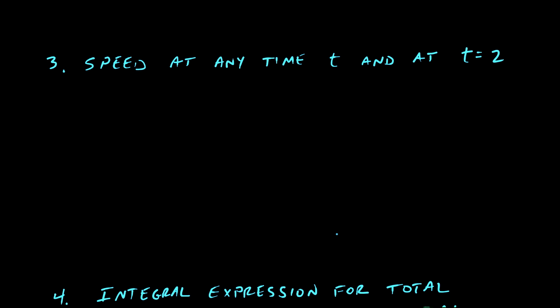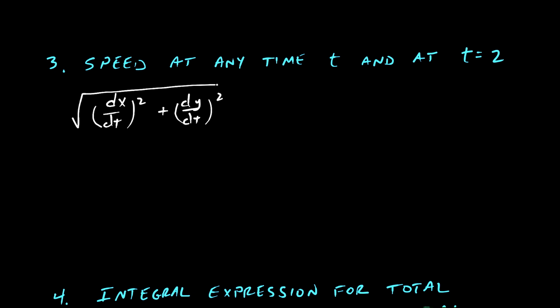Now, if we're going to find the speed at any time t and at t equals 2, we're going to use our formula. Let's write down what our formula was so we don't forget. Speed is simply the magnitude of velocity. So we're thinking Pythagorean theorem. I'll write it as dx/dt squared, so x direction, plus our y direction squared, and we're going to take the square root.